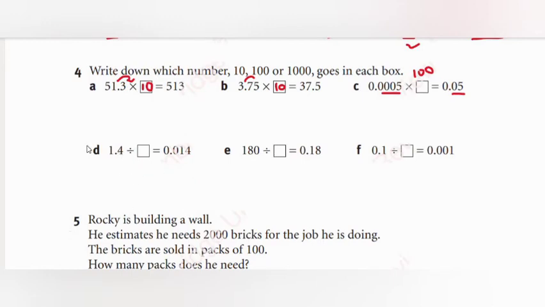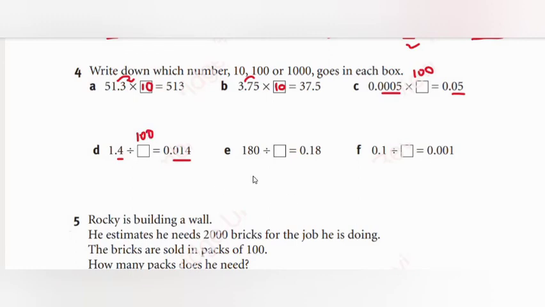So similarly, now we're going to see for division. Previously we have seen for multiplication, now we're going to see for division. 1.4 divided by what will give you 0.014? See, if you have one decimal place here and you have three decimal places, so two decimal places have been increased. So definitely 100 has two zeros, so it is possible only if you divide by 100.